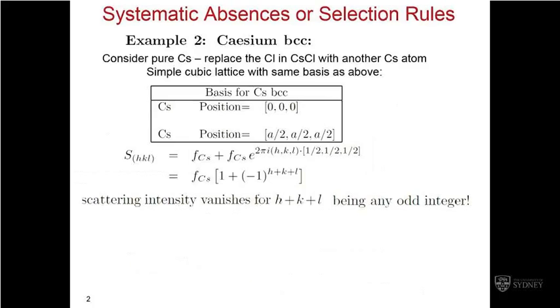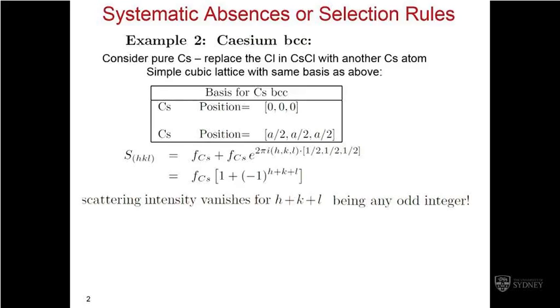The only thing we're doing now is making these two both cesium, pulling that out the front, and then you have this expression here. When you look at this expression, you can see that you will get a 0 here when H plus K plus L is odd.